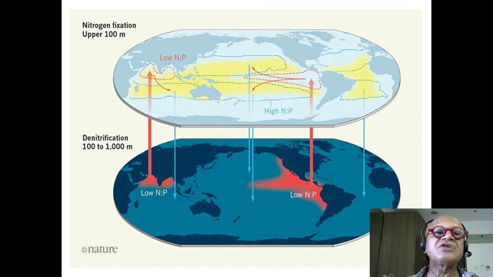So here is nitrogen fixation in the upper 100 meters. You can see where the locations are, and you can see that low N to P is also the region where there is denitrification happening. Okay, so high N to P, not much denitrification. Low N to P, low N to P, low N to P, there is lots of denitrification.